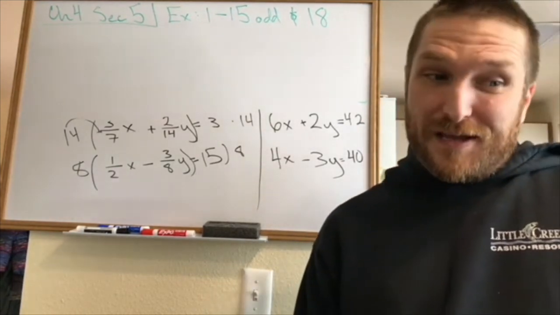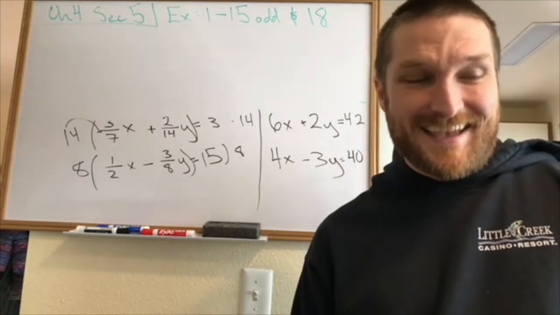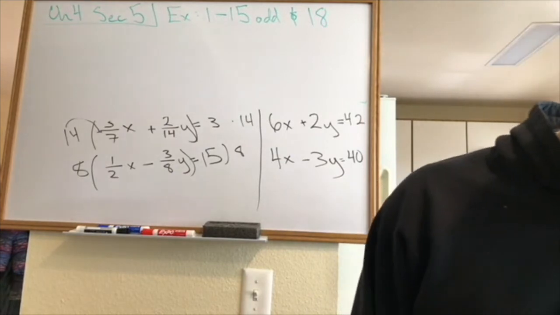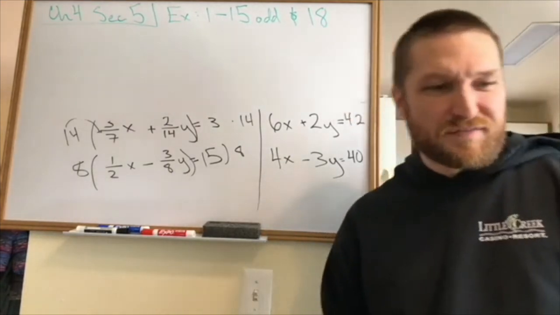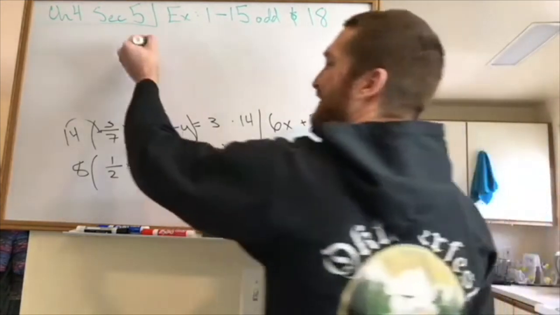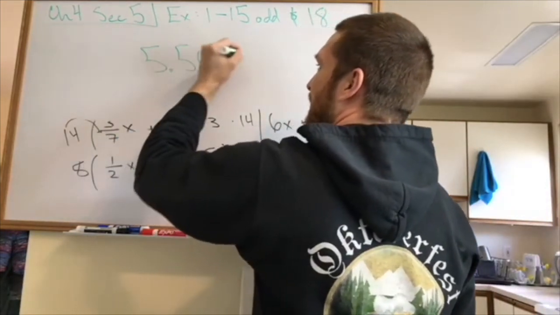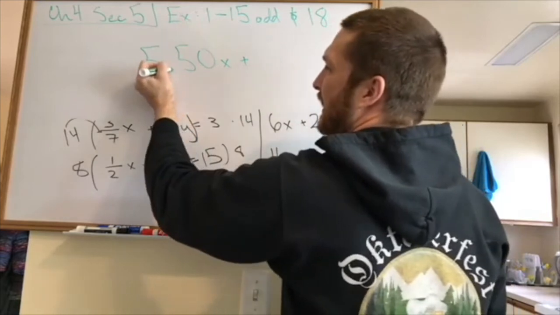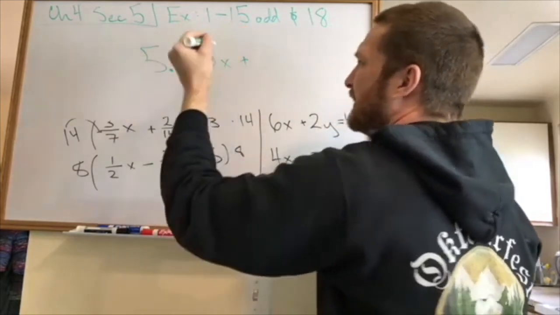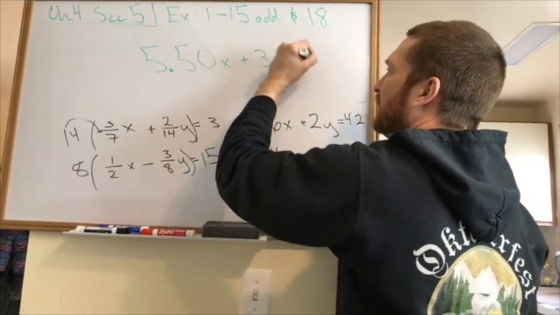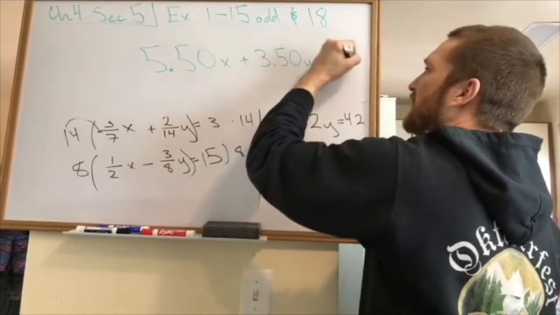The cool thing about decimals is that you could get rid of them to start with, right? Just a word of note, you're going to end up with something like this, equals some number.